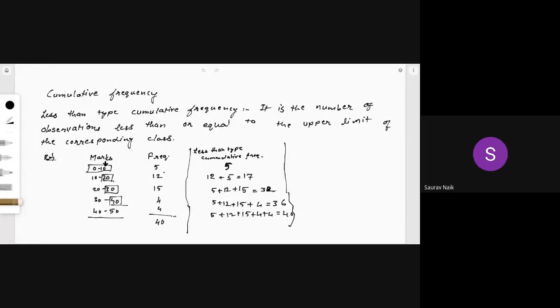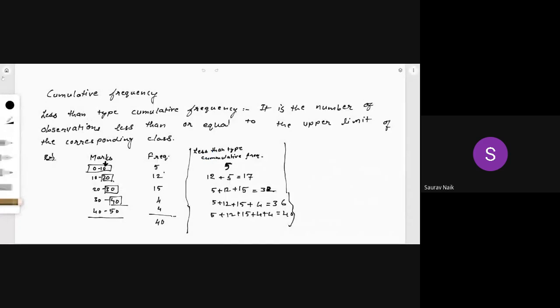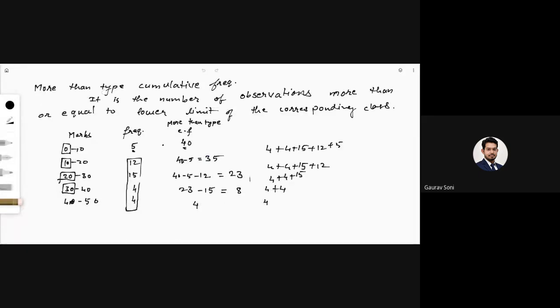Sir, for more than cumulative frequency, can you tell how that 40 was obtained? Did we start from bottom to top? Saurav, what does the definition say?